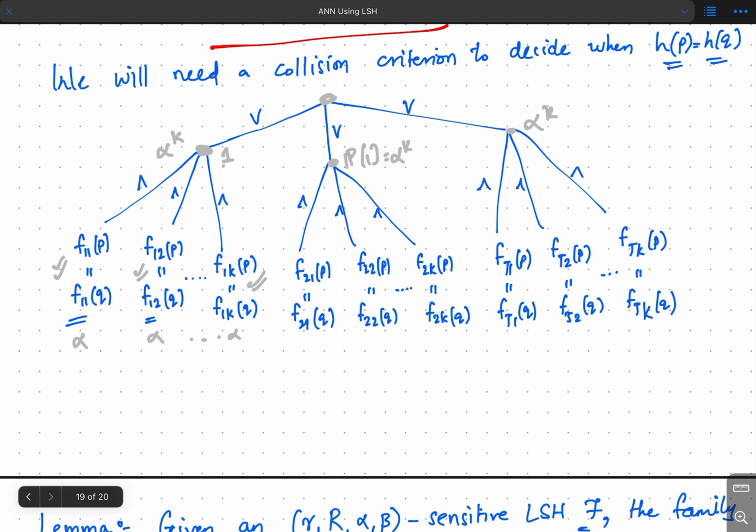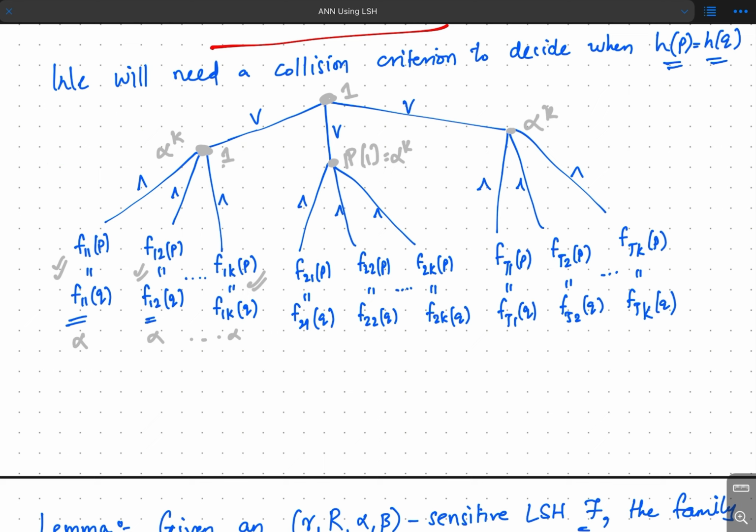Now what's the probability that this is 1? This is an OR, so if one of these evaluates to 1, then we are good. So what's the probability that each of these evaluates to 0? That's given by 1 minus alpha^k. And so all of these are equal to 0 with probability (1 minus alpha^k)^tau.